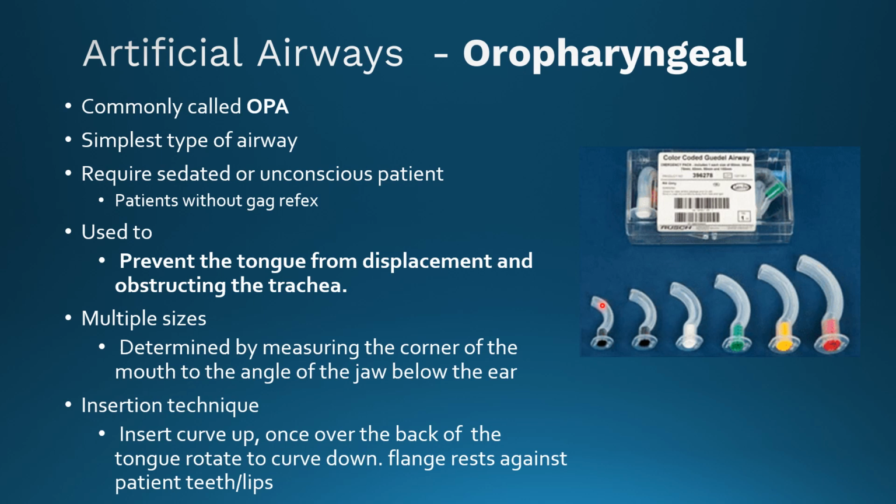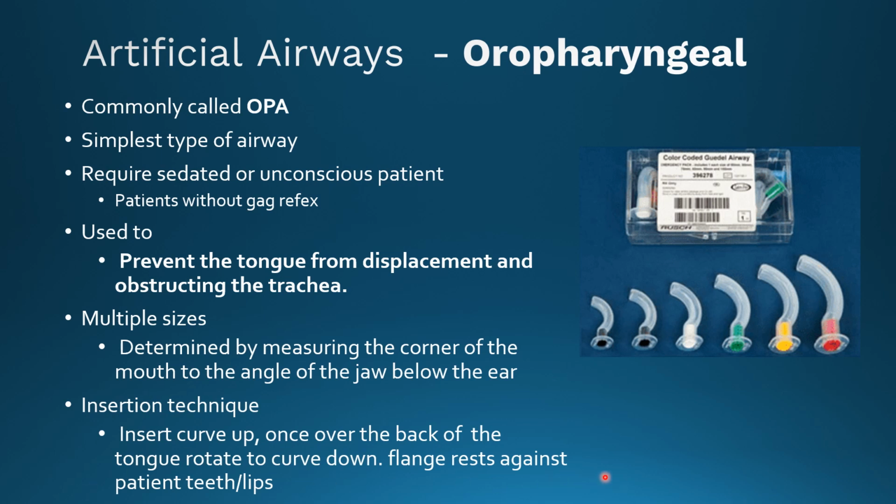We then insert it upside down, or curved side up, until we get to the soft palate, flip it over, and then have it slide down over the top of the tongue. This flange should sit and rest right at the patient's teeth or the patient's lips. It should not go into the mouth, and it should not have a large gap between the patient's mouth or teeth and the flange if it has a correct fit.